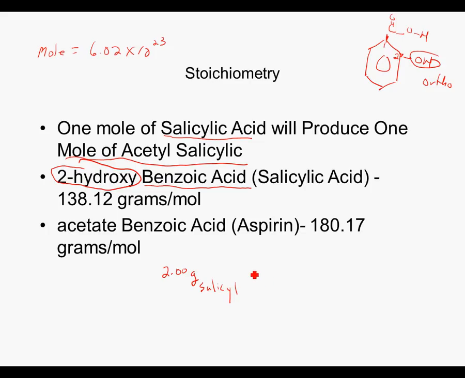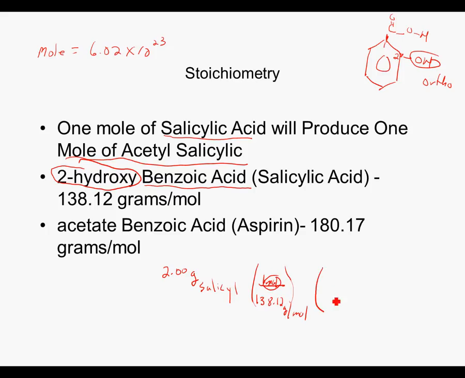To figure that out, we would take the mass and divide it by the factor, right? 1 mole of salicylic acid is equivalent to 138.12 grams per mole. So now we converted the quantity that we started out with to moles.